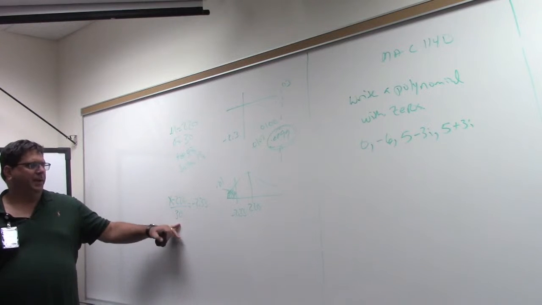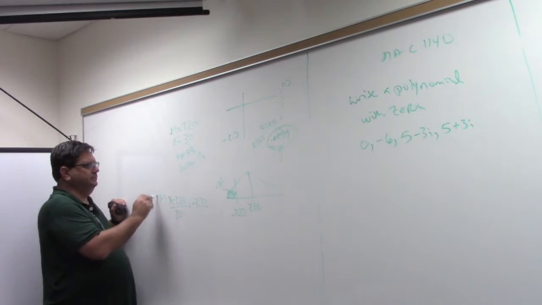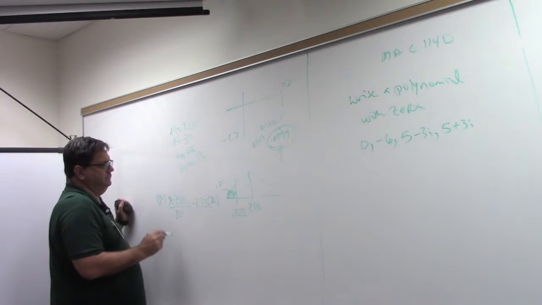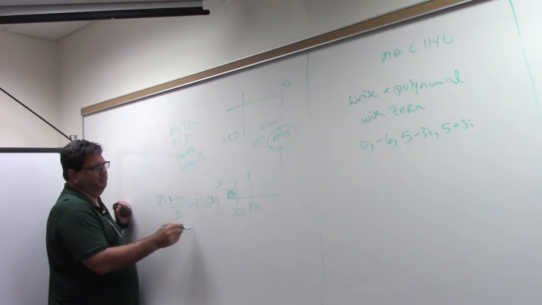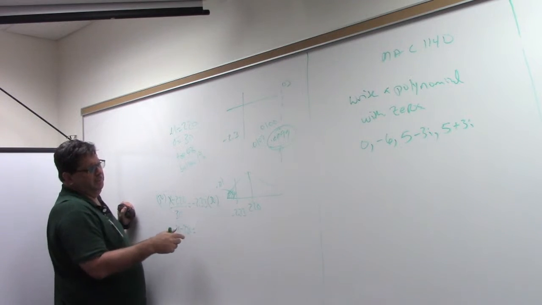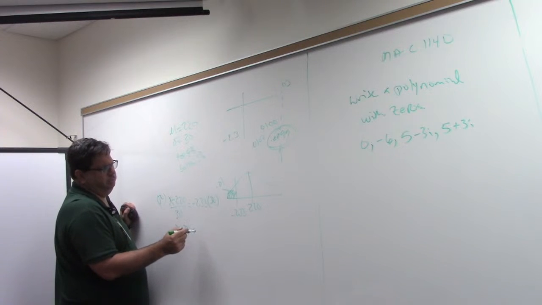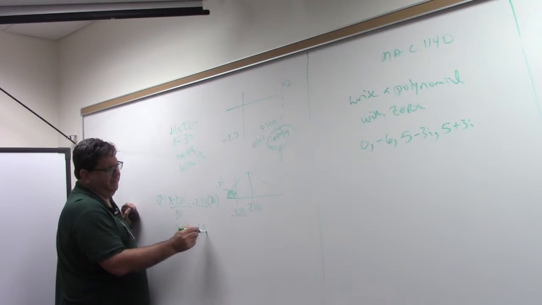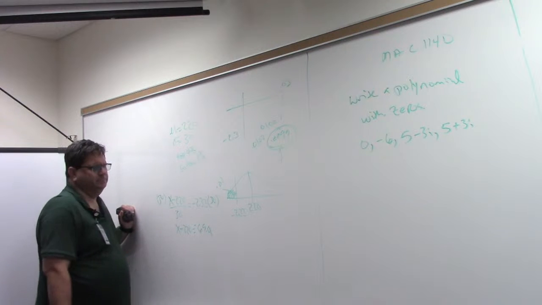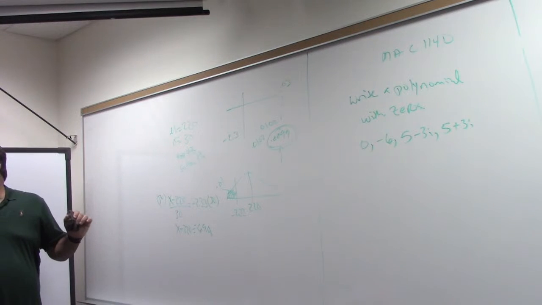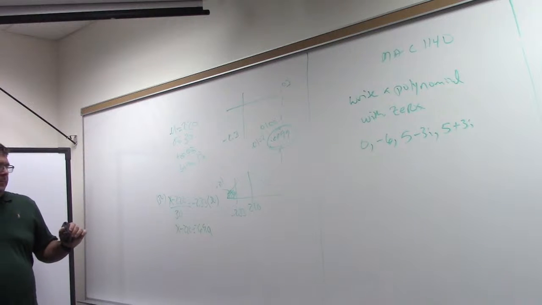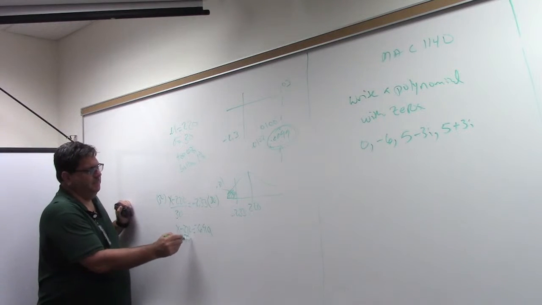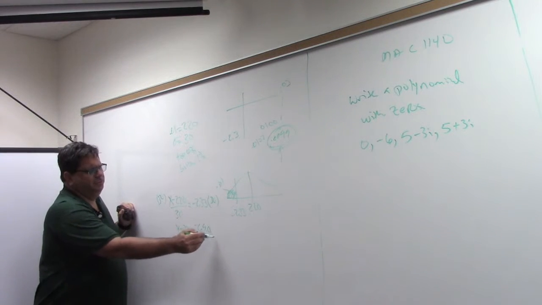Alright, multiplying by 30. X minus 220 equals negative 69.9. Add 220.